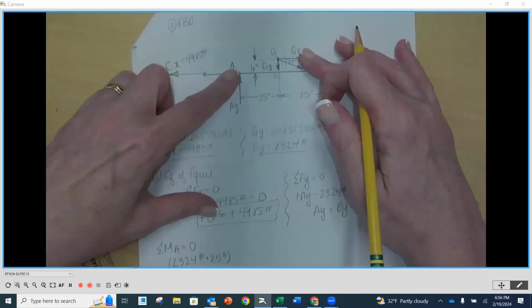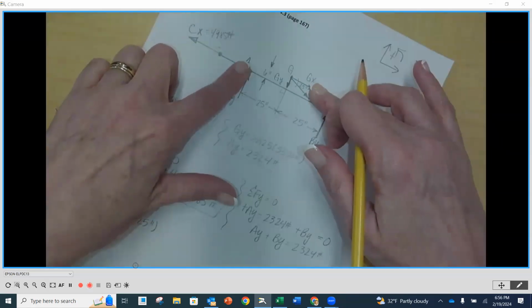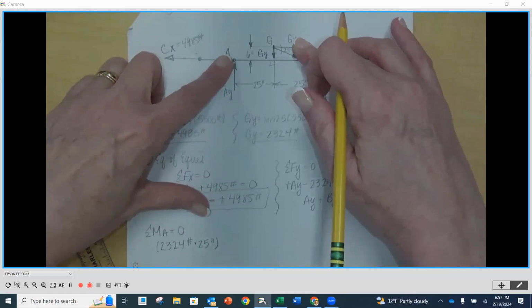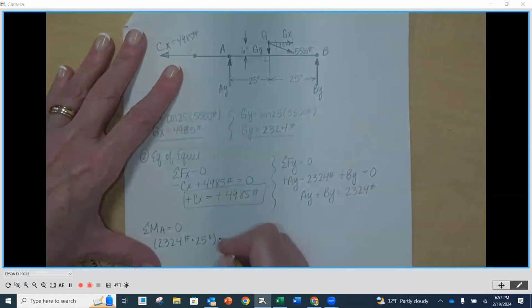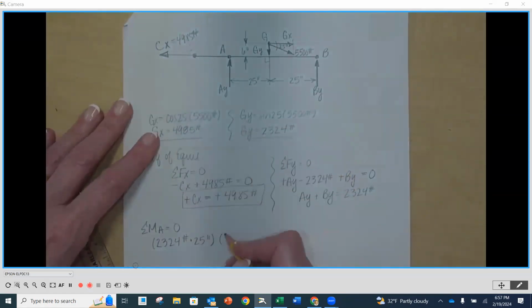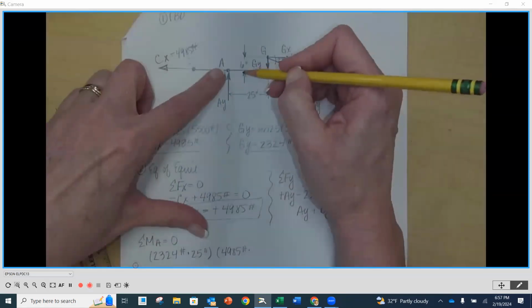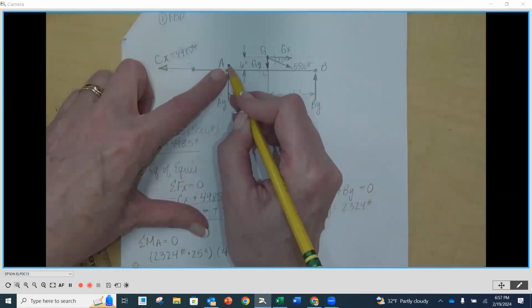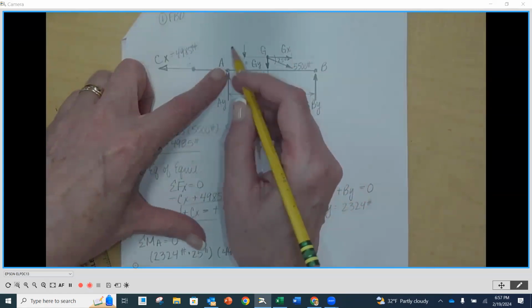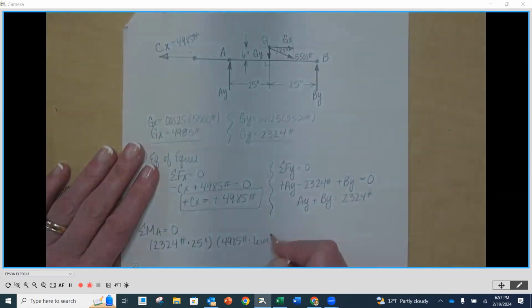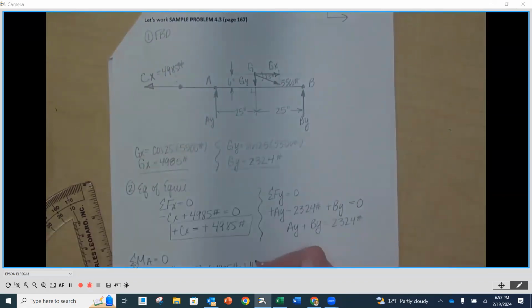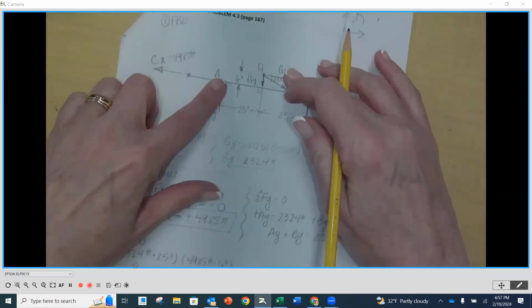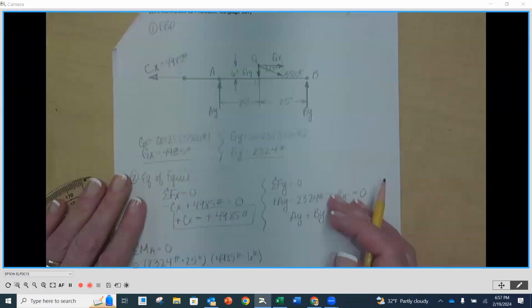GX is 6 inches above A. It will cause a rotation. Okay. It's not going to pull. It's going to actually cause rotation. So GX is 4985 pounds times its perpendicular distance. Pull it back along its line of action. That's the 6 inches. Okay. And then inch symbol, because that's what I was using. And then direction of rotation is going to be negative.